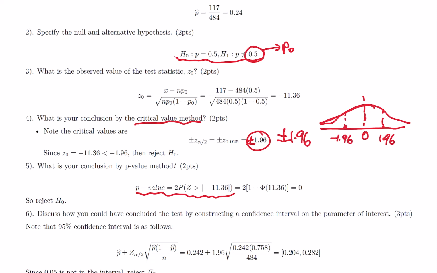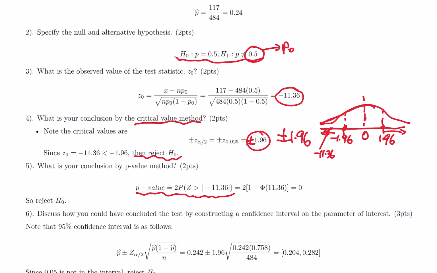These are 2 critical values, and the critical region is either less than negative 1.96 or greater than positive 1.96 on 2 tails, okay? And we know our observed value actually is what? Is this guy, right? Negative 11.36, which is on the left end, right here. You can see it is in the rejection region. That's why we reject the null hypothesis.